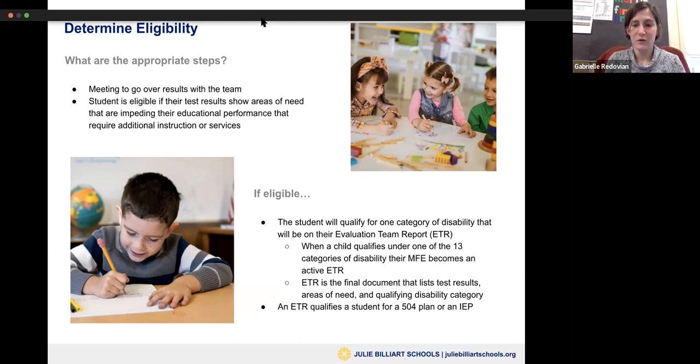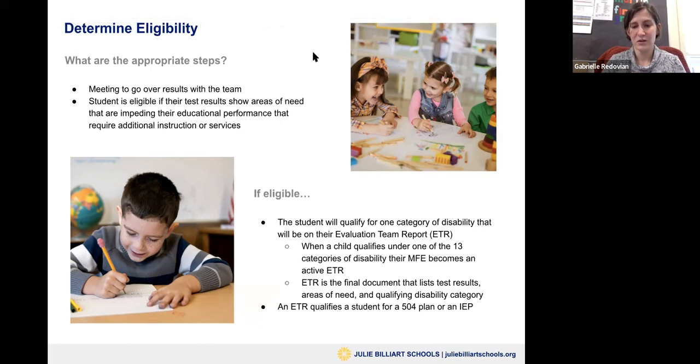And in those categories, oftentimes you will hear them referred to as a specific learning disability, other health impairments, autism, multiple disabilities, and that's all based off of the results and the team's decision based off of, again, either a medical diagnosis or those school evaluations.